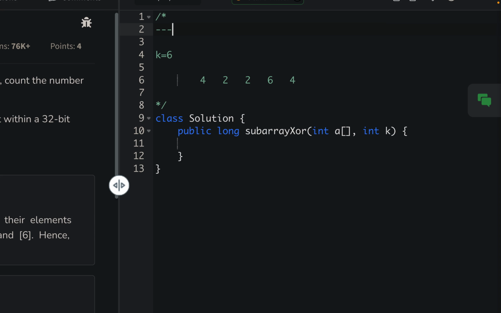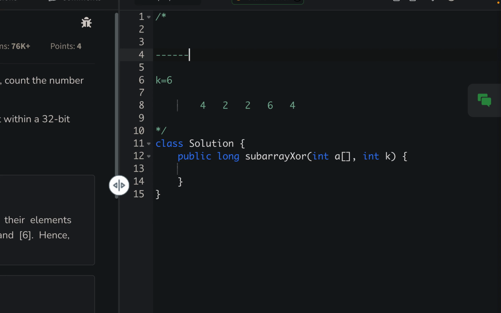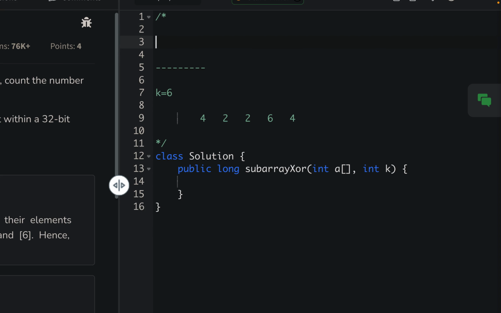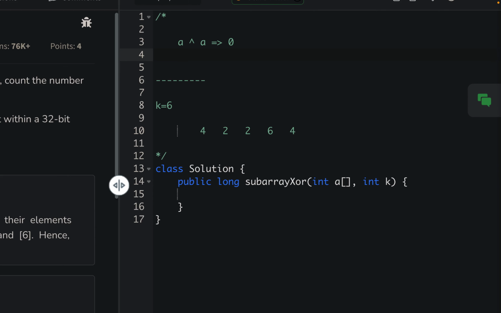To solve it, we first need to understand a few XOR properties. One property of XOR is, if any number a is XORed with itself, it gives you 0, and a XORing with 0 gives you a back again. With these two properties, we can go ahead and solve this problem.